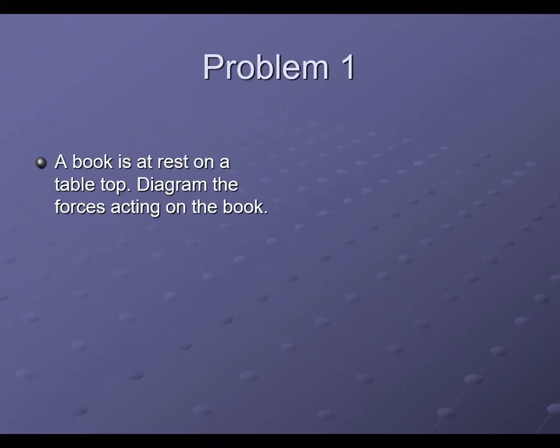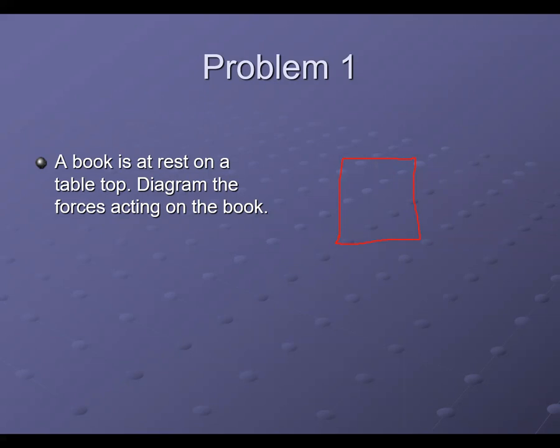So what we're going to do is diagram this book resting on the table. The first thing you always draw is just a simple square. Okay. So again, don't make fun of my square. My mouse penmanship is not the greatest. So there's my square. If I know the mass, I can put the mass in there. If not, I can leave it as is. Now the book is sitting on the tabletop.